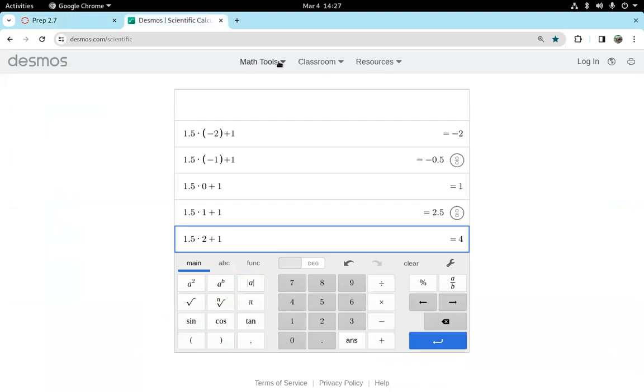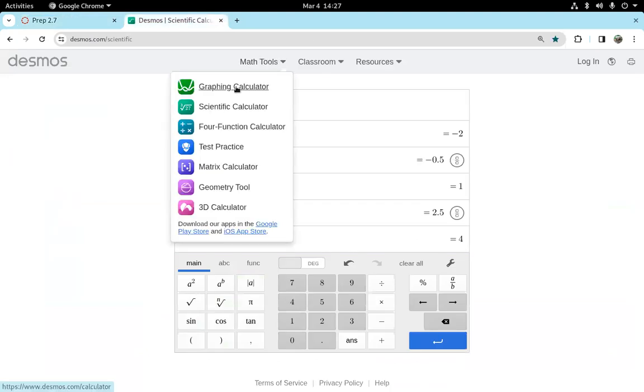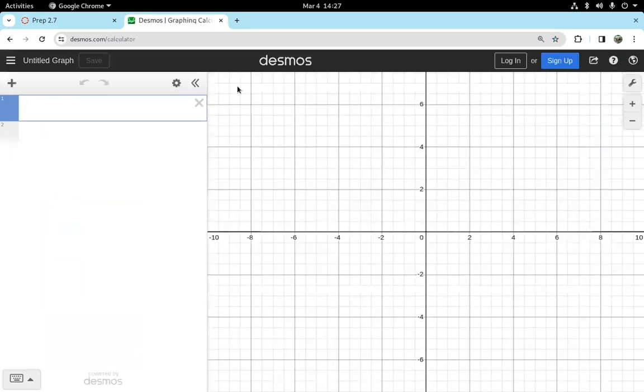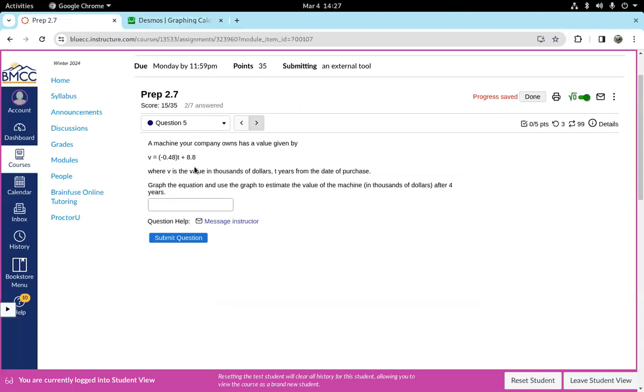So Desmos has a graphing calculator, so I'd recommend using that. And with Desmos, I have to enter y's and x's. So just a note on this one, excuse me, whiteboard out.